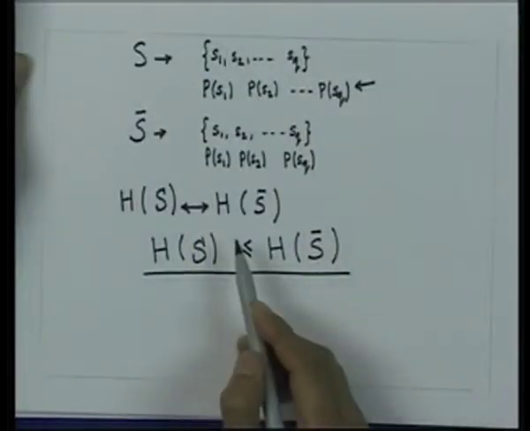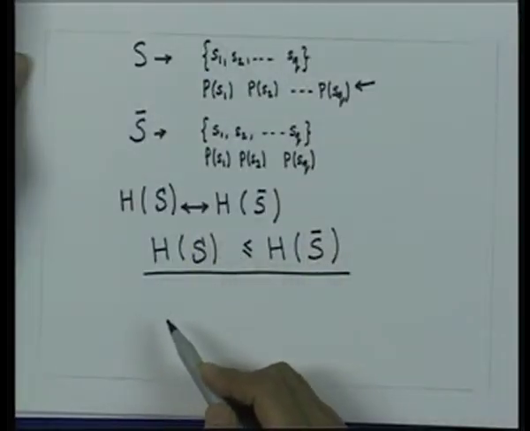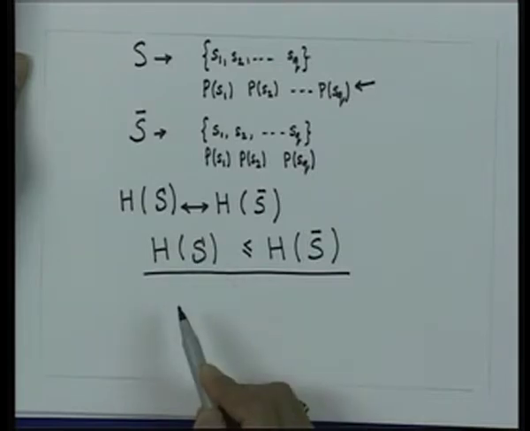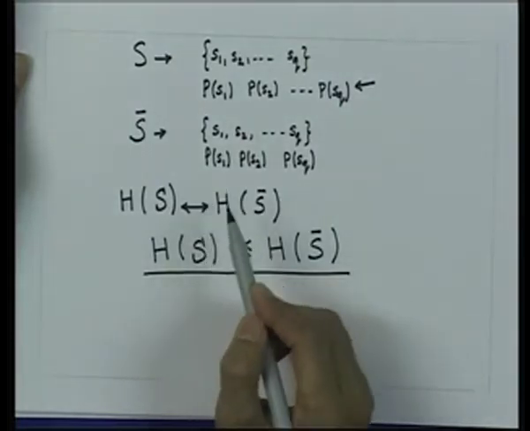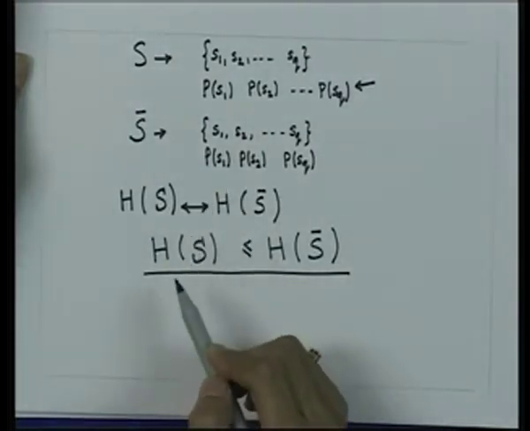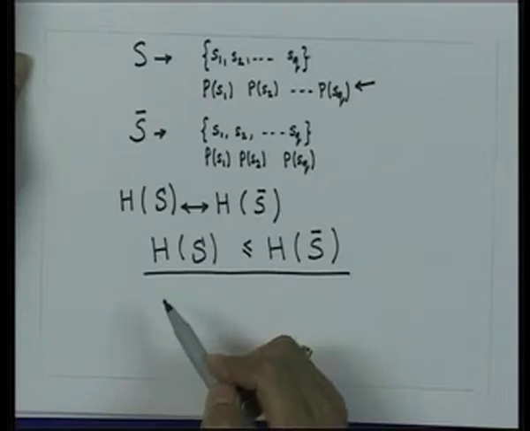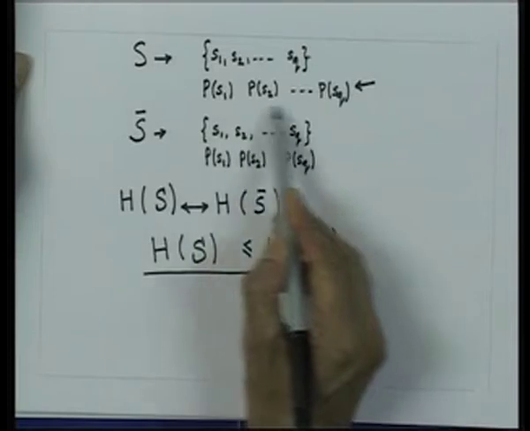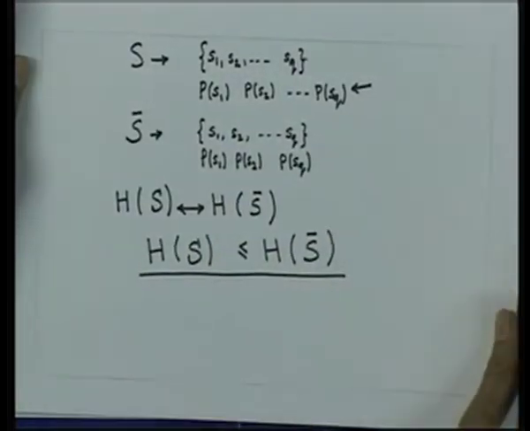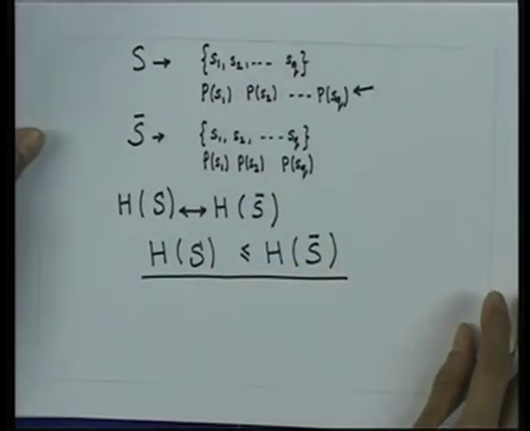So, for the first order Markov process, we will try to find out another source S bar given by this specification. Now, if we look at the previous example, that is a second order Markov source where we had calculated the probability of the states, then it is also possible for me to go a little beyond and calculate the unconditional symbol probabilities. Now, it is not very difficult to show that.